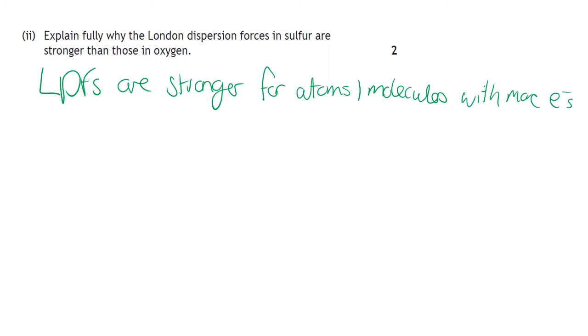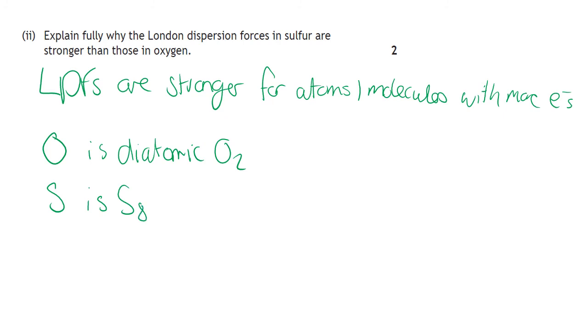Then let's just think about it. Oxygen is diatomic, O2. Sulfur is S8. Sulfur has more electrons than oxygen because it is bigger.